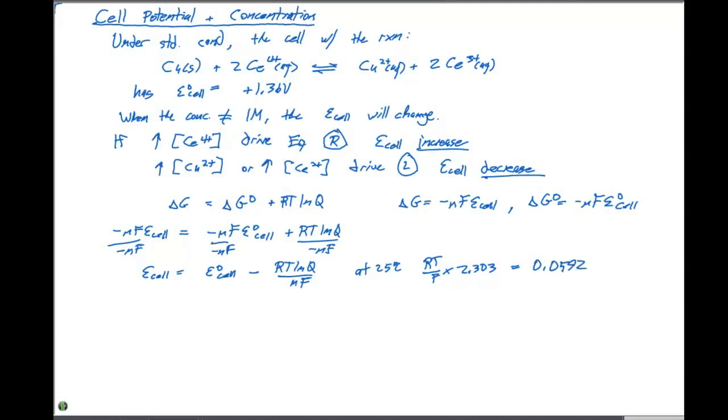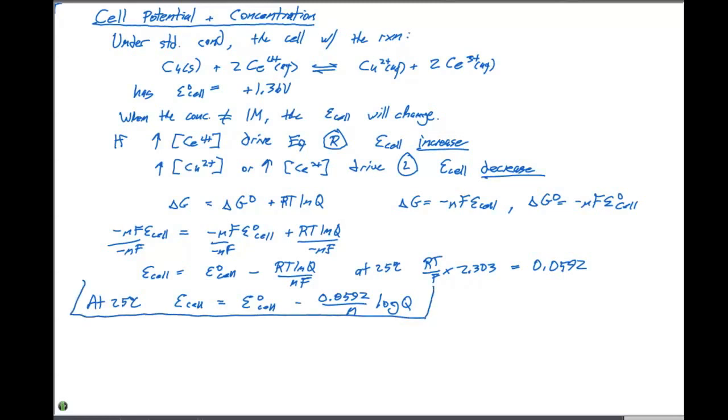So the equation that you typically see is that at 25 degrees Celsius, the cell potential equals the standard cell potential minus 0.0592 divided by n, where n is the number of electrons that are transferred, times the log of Q. This particular equation is very, very important, and it's called the Nernst equation.